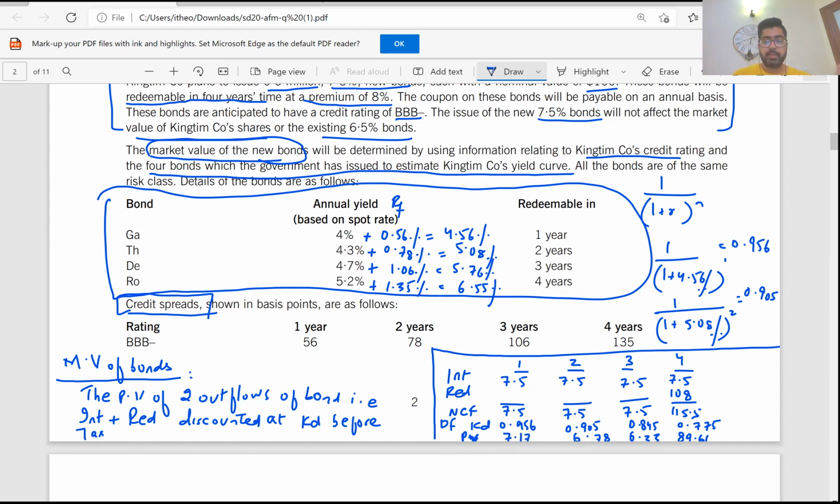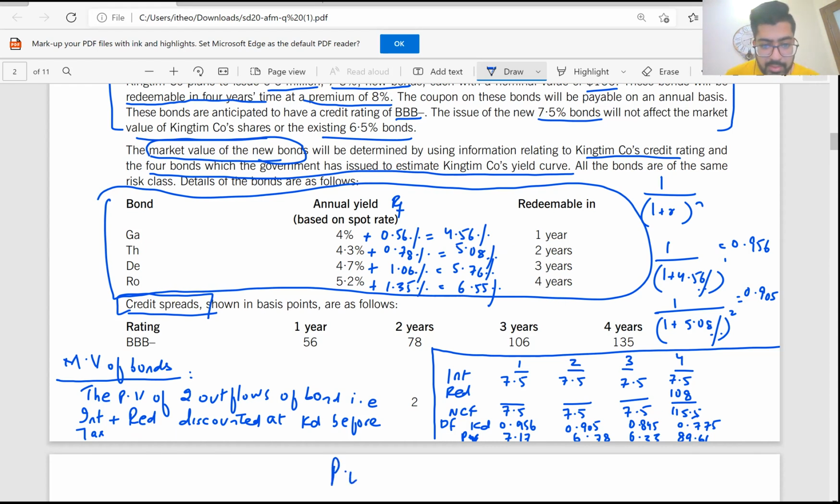Do you think these are the present values of 2 outflows? Yes, these are the present values of outflows, interest and redemption. You add them up: 7.17 plus 6.78 plus 6.33 plus 89.61.